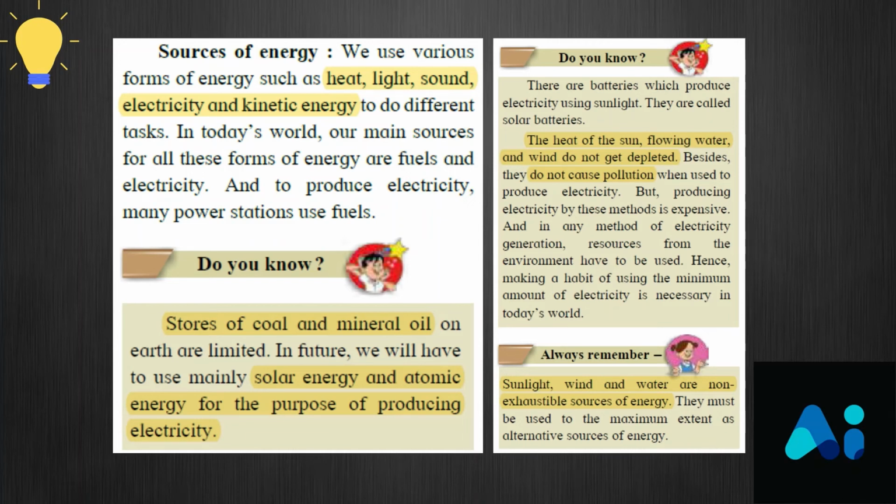Depleted. This is also a very important term to understand. Which sources are depleted or possibly can be depleted, and which sources of energy are non-exhaustible. They will never be depleted. The heat of the sun, flowing water, and wind do not get depleted. Also, an advantage of using sunlight, wind and water is that they do not cause pollution when you use them for producing electricity.